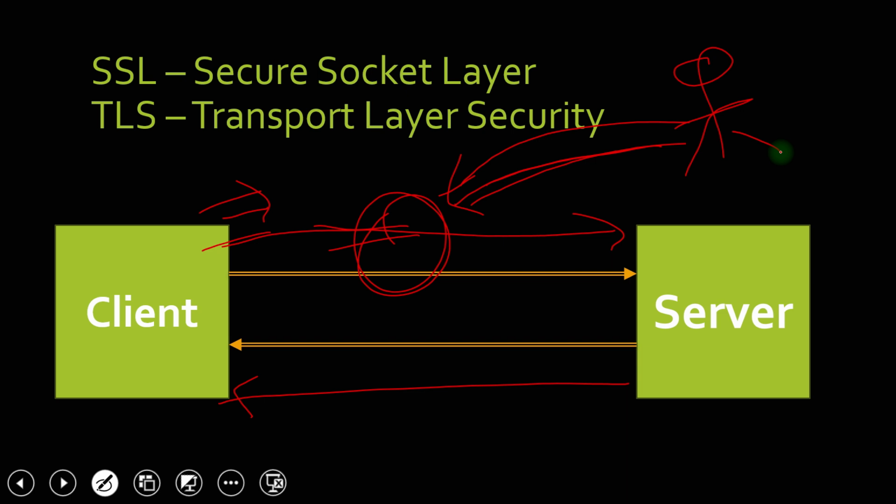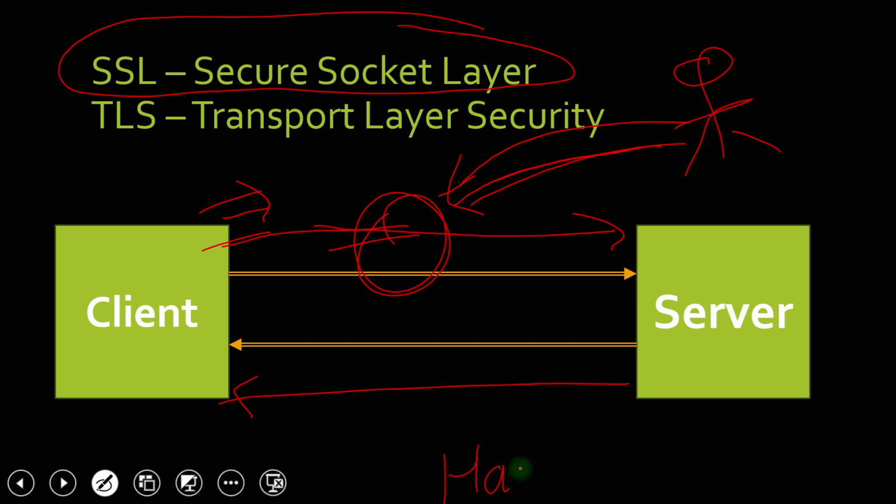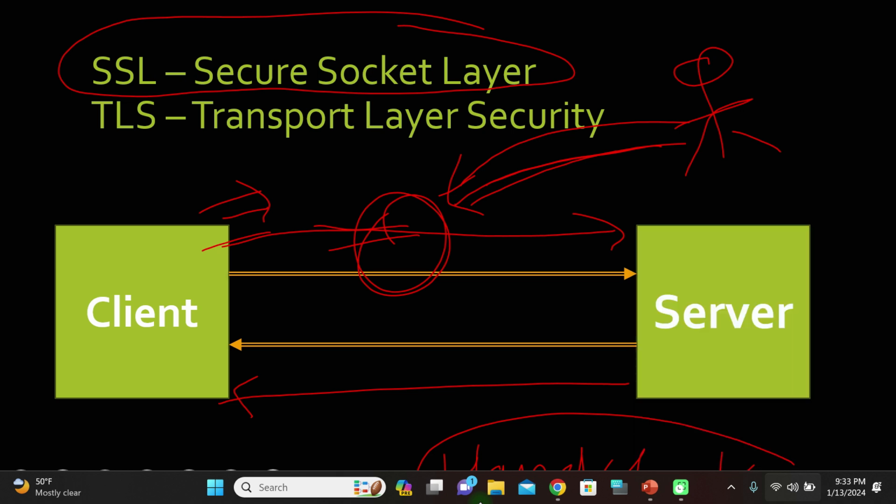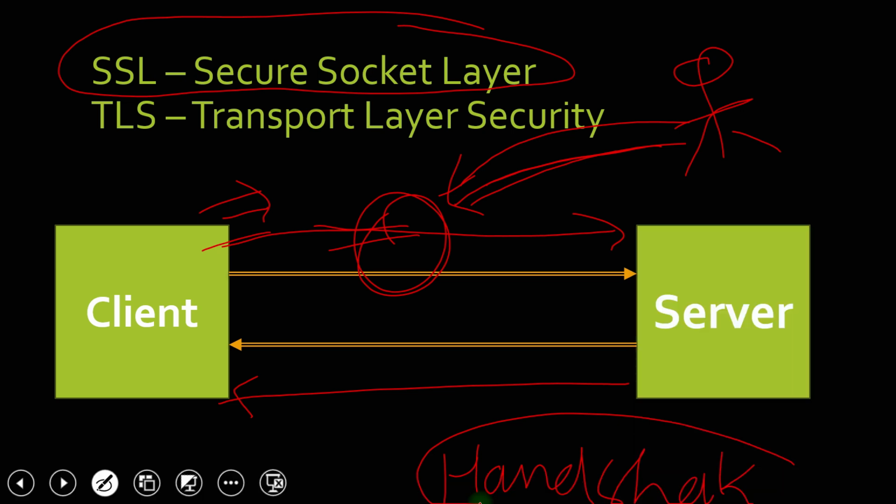So this is where SSL, Secure Socket Layer, comes into the picture. By this mechanism, before transferring any information between client and server, the first thing that happens is a handshake. In this process, it establishes the identity and the secure communication between the client and server.